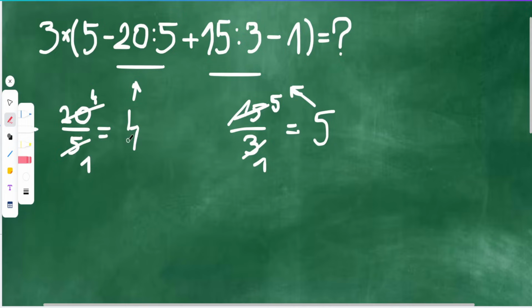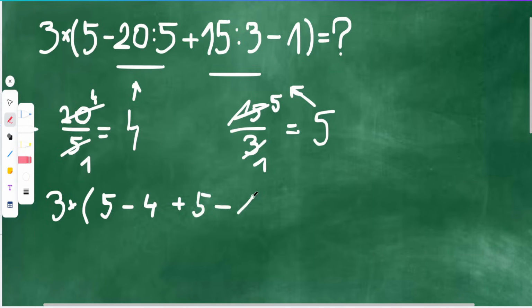The division that we did here, we will enter in this place. The division that we did here, we will enter in this place. We write 3. We remember that we do not have to write this multiplication, but for the needs of this explanation, now we write it to remember it. But maybe next time you will not have to write it. Here we got 4, plus 5, minus 1.